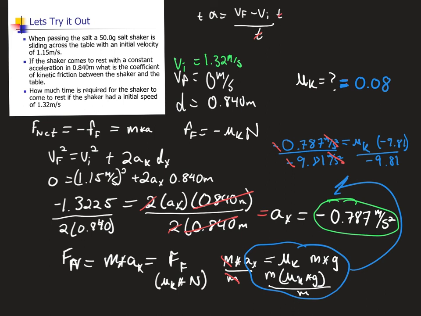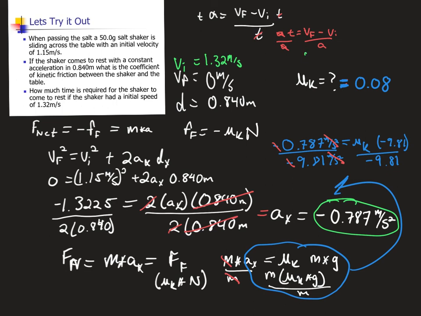Then t times a is equal to v sub f, which we know to be 0, minus the initial velocity. If I divide both sides by a, I would have it set up to solve for t.